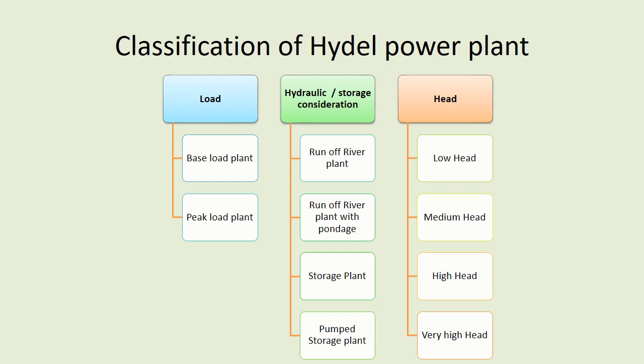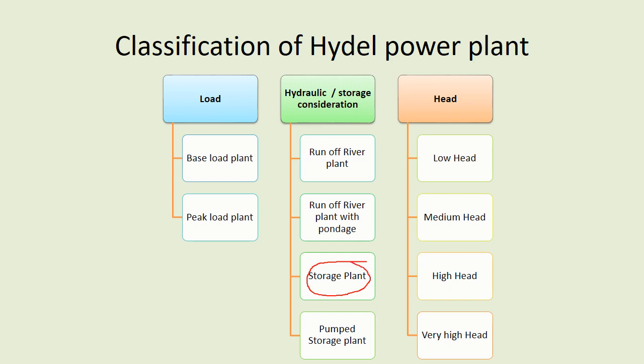Storage consideration and hydraulics means the mechanical parts that are used to store water in a plant, like building a dam or moving the turbine. These are hydraulics or storage. There are different classifications, and out of these, the storage plants are responsible for floods in some areas.